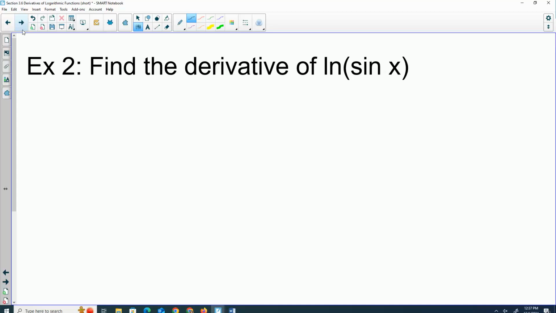All right. So it's a natural log, so the derivative is just 1 over the argument, which is sine x. The derivative of sine x is cosine. So cosine over sine x. Oh my gosh, it's cotangent.